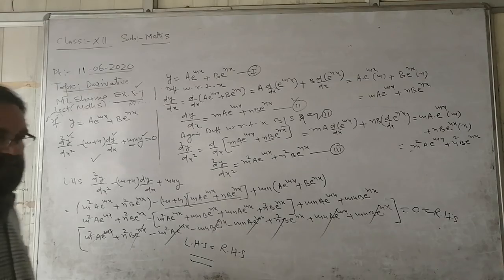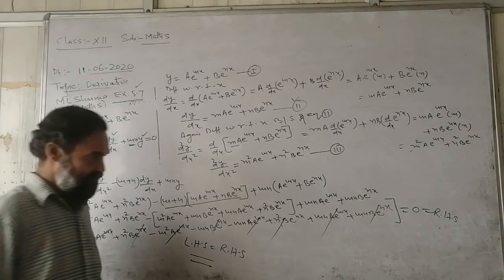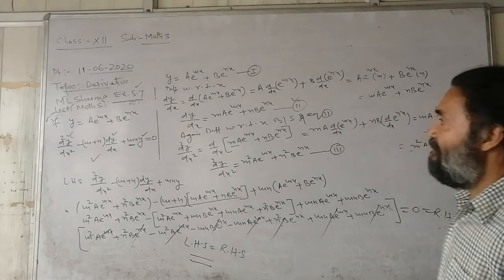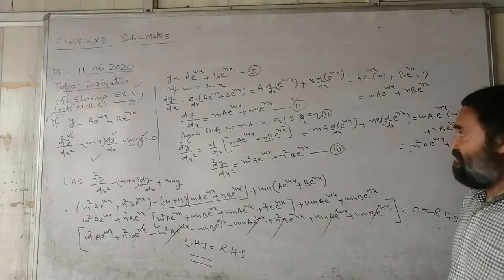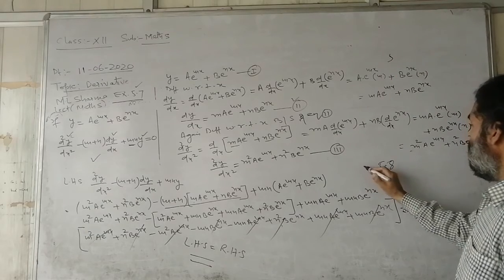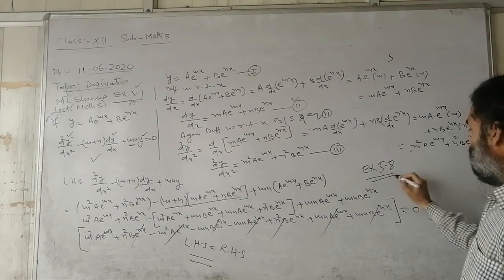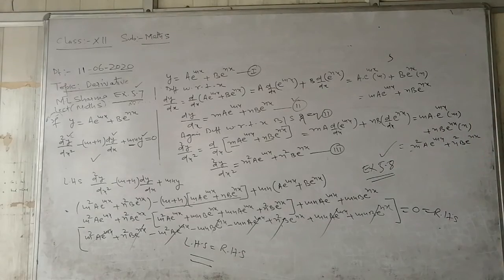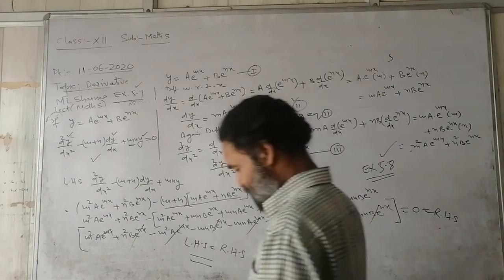So this was a lengthy question. In this we finish exercise 5.7. Only one exercise is left, that is 5.8. Tomorrow I am going to take exercise 5.8. There are 7 to 8 questions in this exercise.